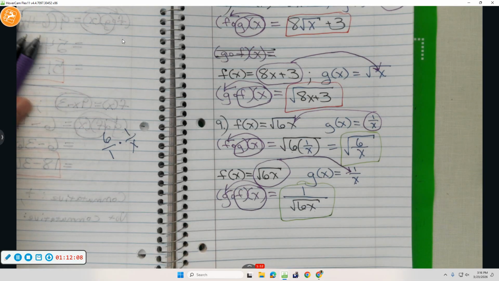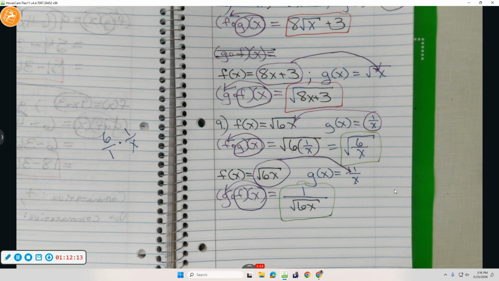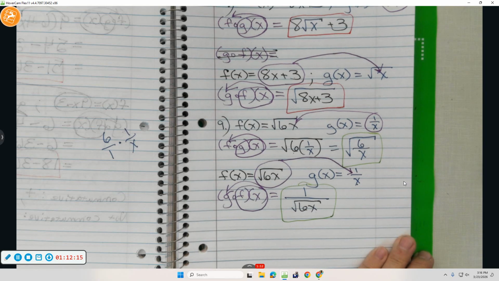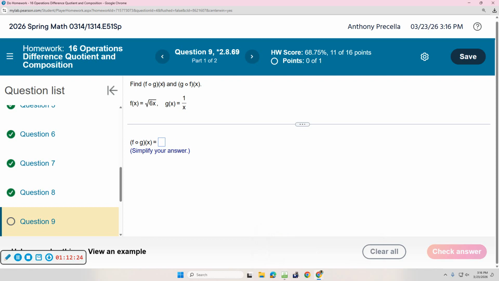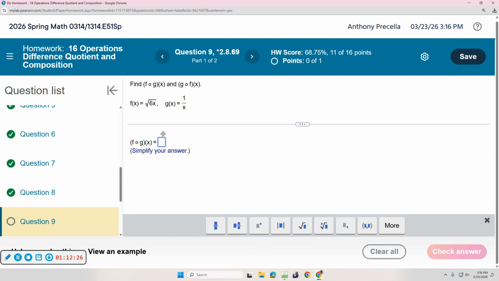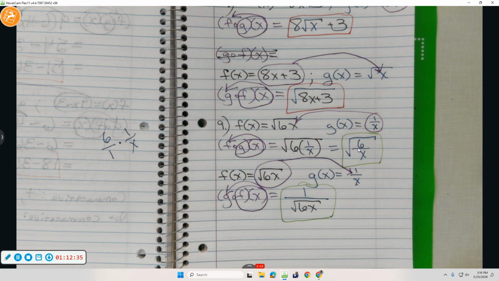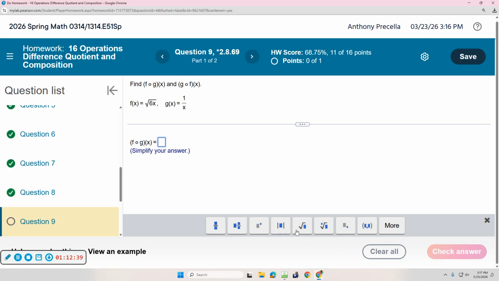Let me punch in these answers. Oh, goodness. When I'm looking here and I'm writing, everything looks so neat. But then when I look here, it looks just like a mess, doesn't it? Well, let's see. Looking at f composed with g, what am I going to click first? Look at that answer we had. Okay, so the first thing I'll do is click that square root hot button.